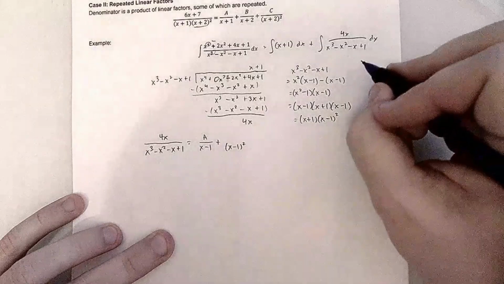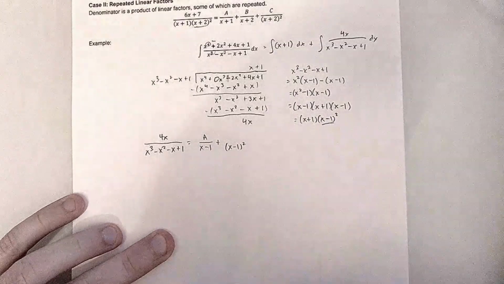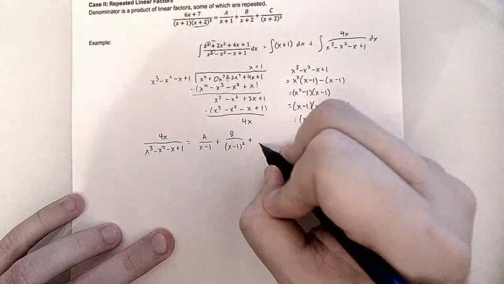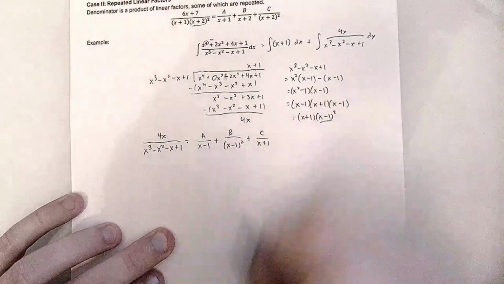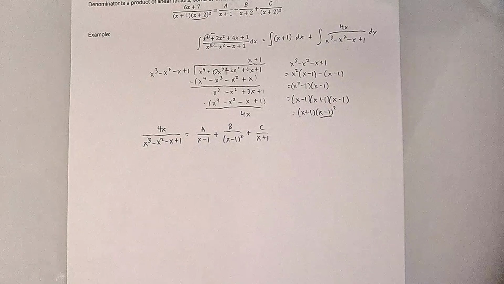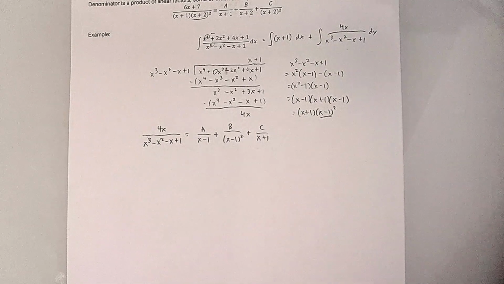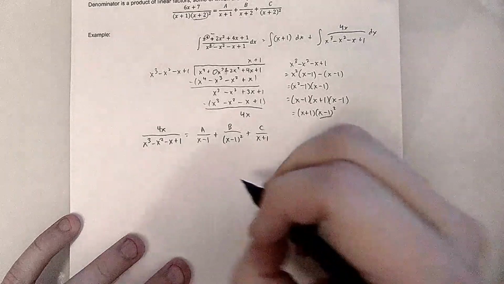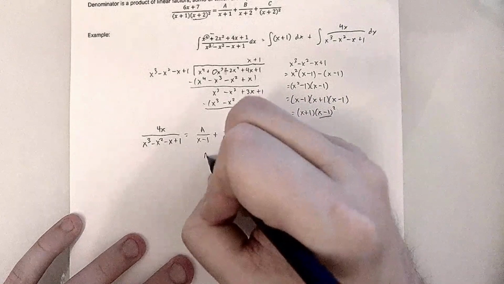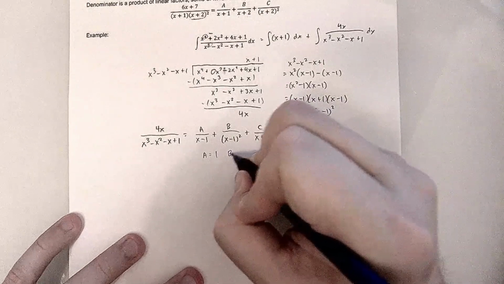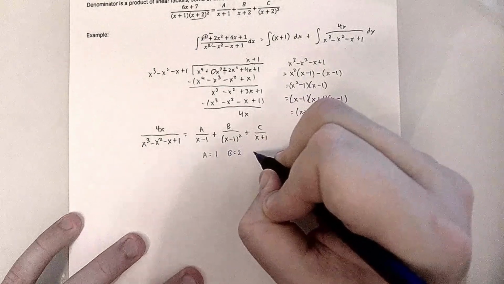So remember, we have a repeated factor. And then c over x plus 1. So in order to save time, I'm going to leave the algebra to the student, and we're going to go straight to our answers, which are a is equal to 1, b is equal to 2, and c is equal to negative 1.